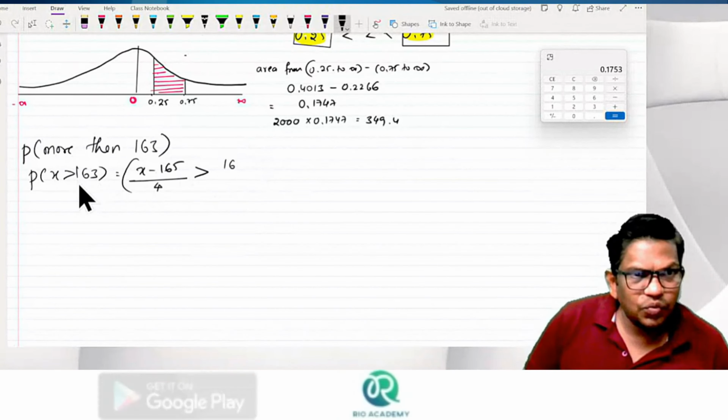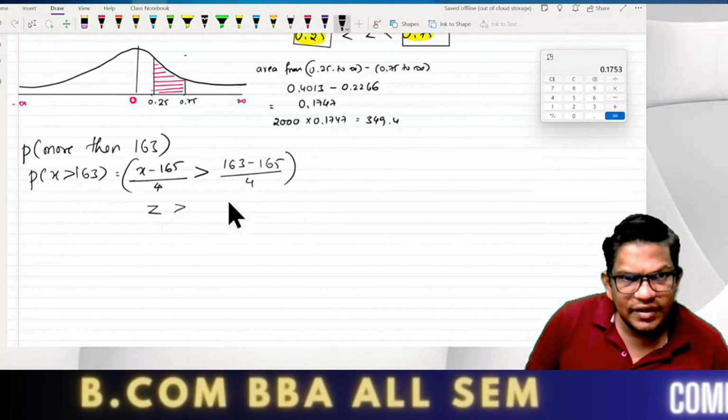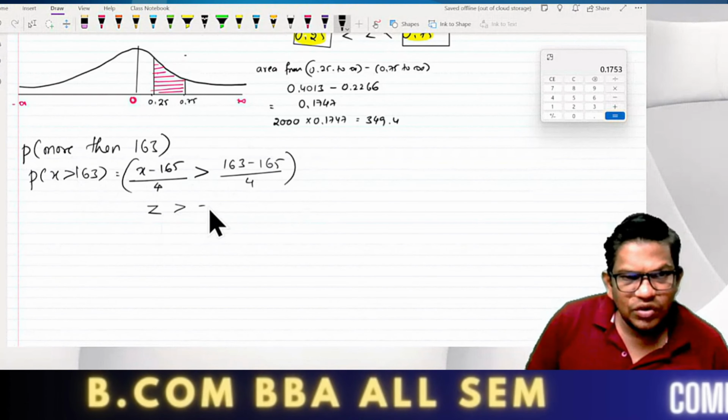163 minus 165 divided by 4. This will be z greater than minus 0.5. Draw the bell curve, children.